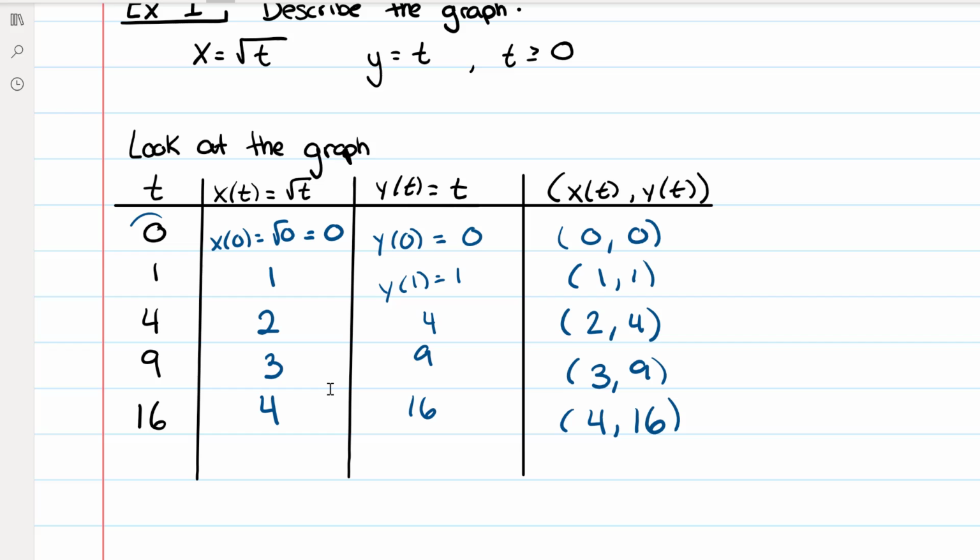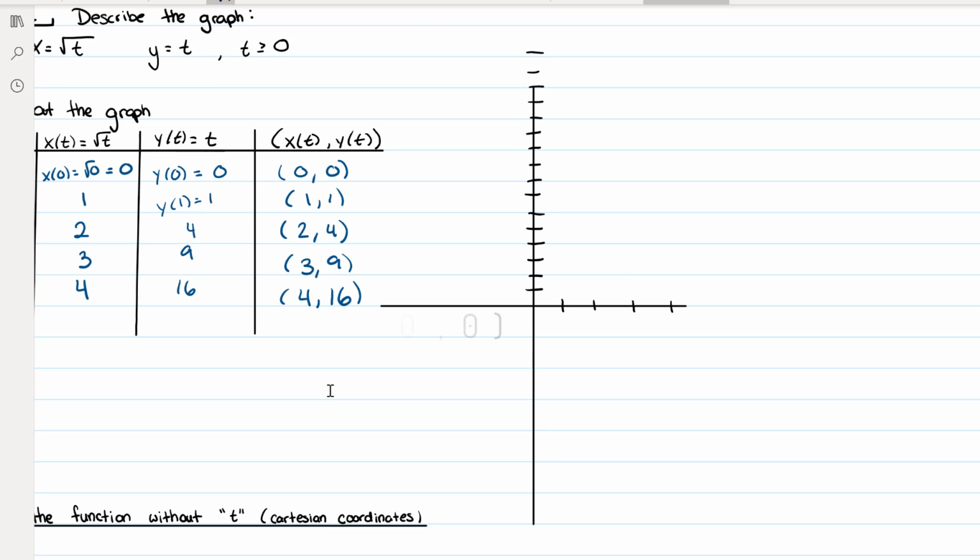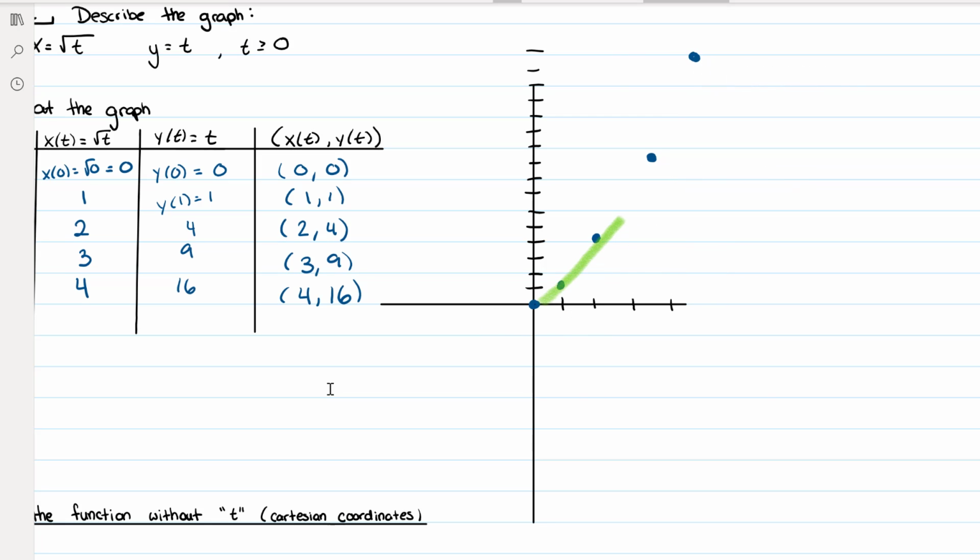Already that starts to give us a shape of what this should be. If I plot all these points, I get 0, 0, 1, 1, 2, 4, 3, 9, and 4, 16. And we can see how that starts to take the shape of a parabola.